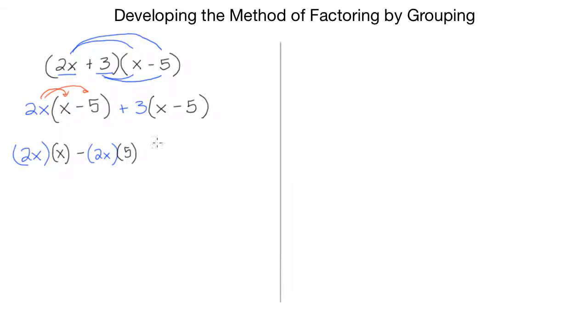Now we have plus 3, so we distribute the 3 times x, and 3 times 5. What do I get there? We get plus 3 times x. Oops, switch colors there. Minus, and then the 3 times 5.